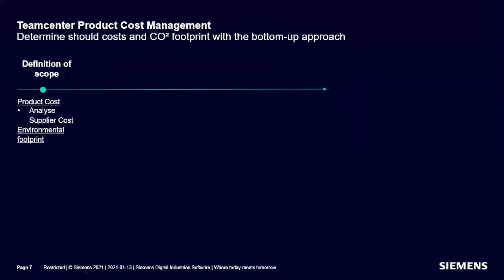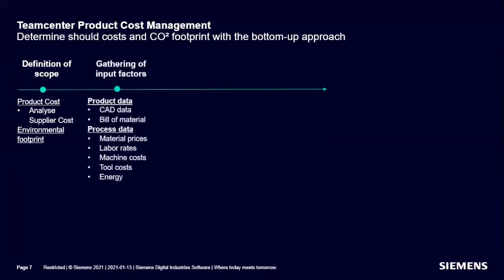I put here only one more slide on the calculation approach and how you can combine should cost and CO2 footprint calculation. First, you define the scope of your product. You analyze the supplier, you analyze the environmental footprint, and then you gather the factors. If you have product data, how much it weighs, what type of substance, and how you will process it, as simple as that.